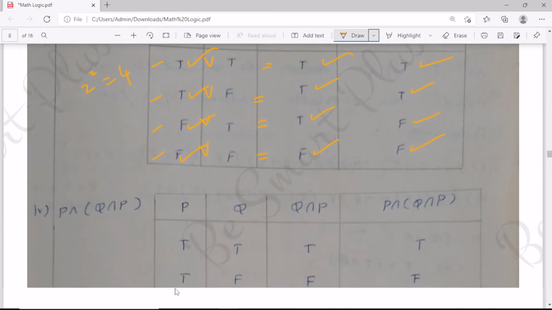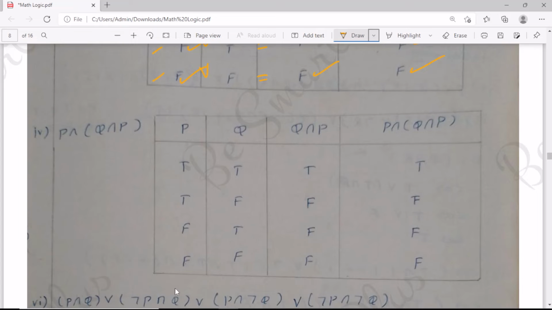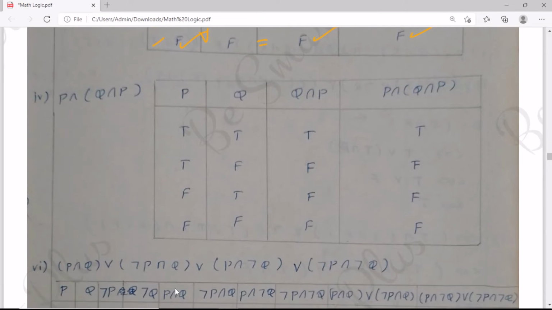The last one, P and (Q and P). Here we have to use only the conjunction AND. You have the 2 variables, so we have 4 possibilities like this. First you have to take Q and P, looking first at Q and then P. So true and true is true, false and true is false, true and false is false, false and false is false. In the AND operator, whichever one you take first gives you the same set of truth values.